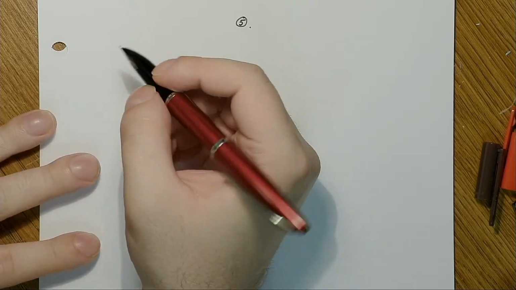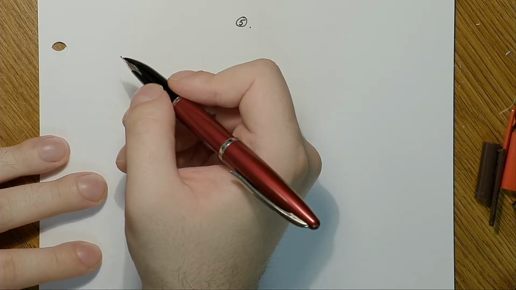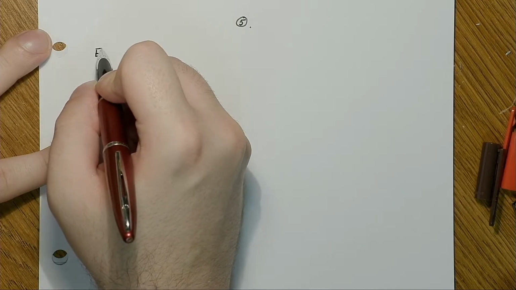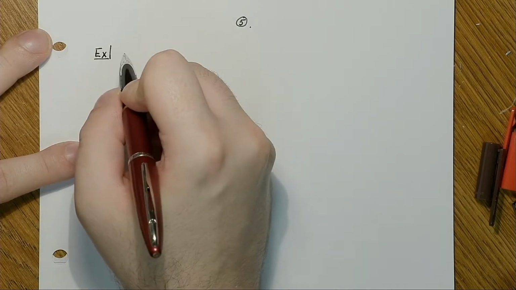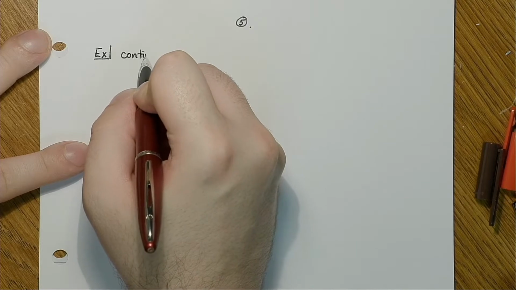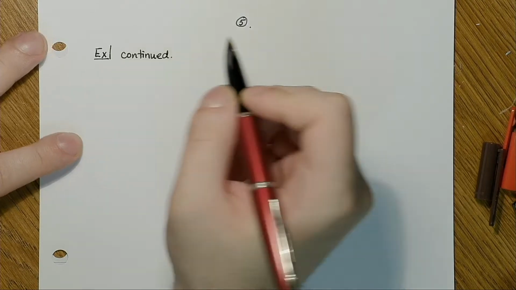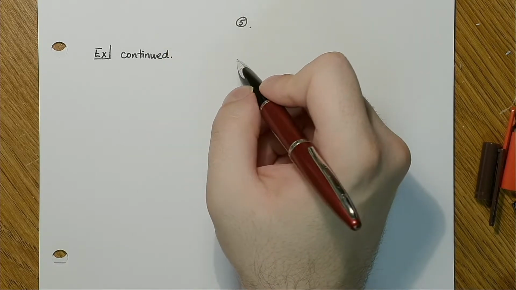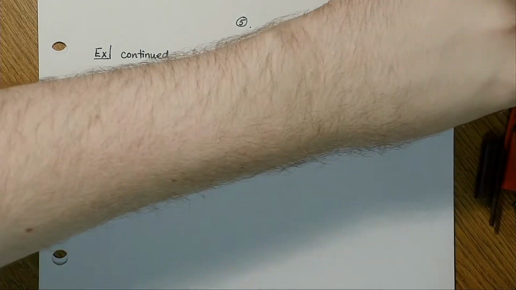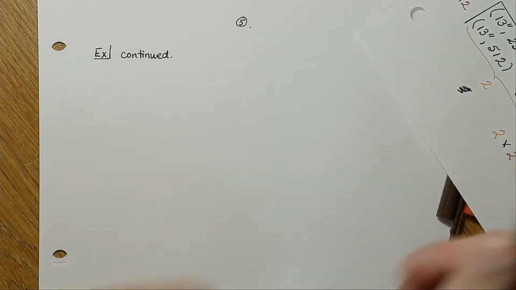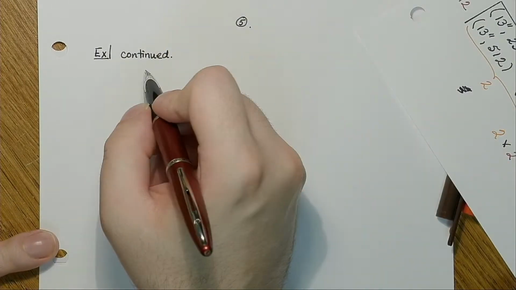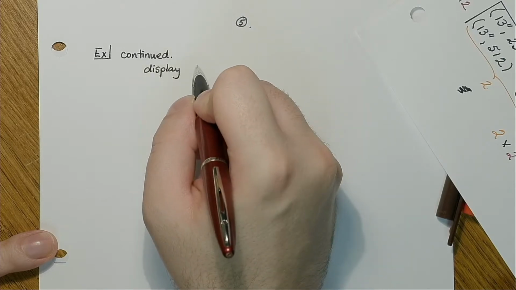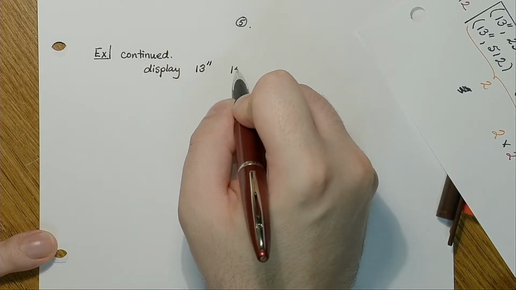So, for instance, let's extend that. Let's do continued. Let's say that, okay, so I had a MacBook, and let me just pull that sheet back. We had a display. We had 13 inches, we had 15 inches.